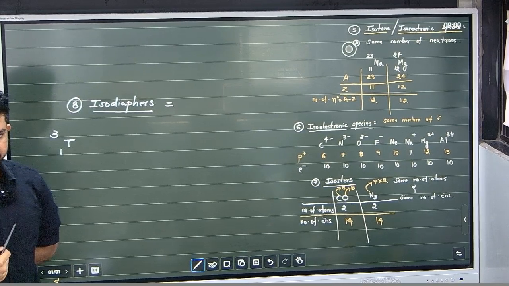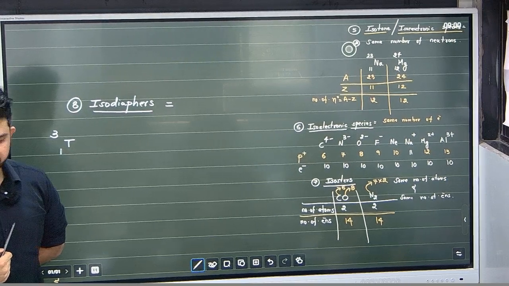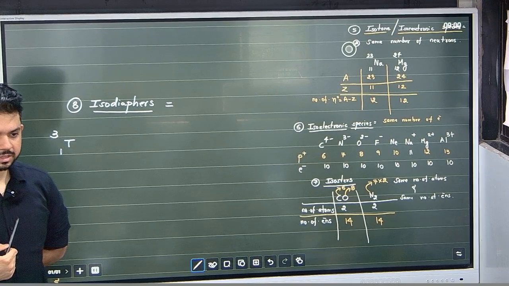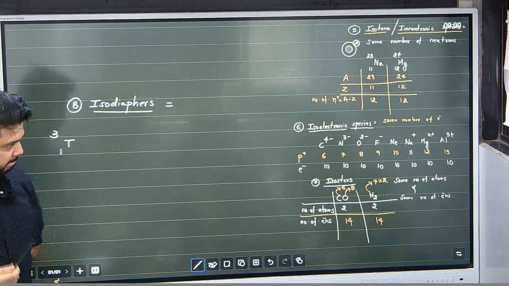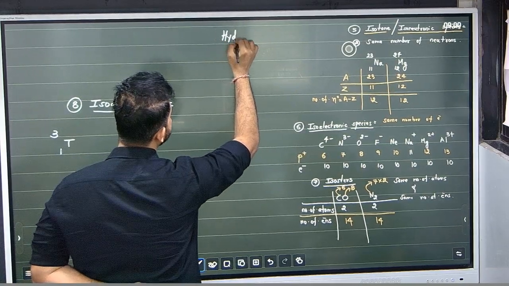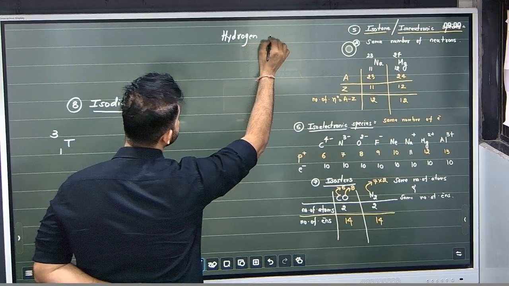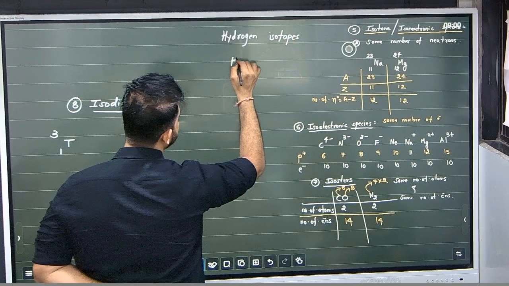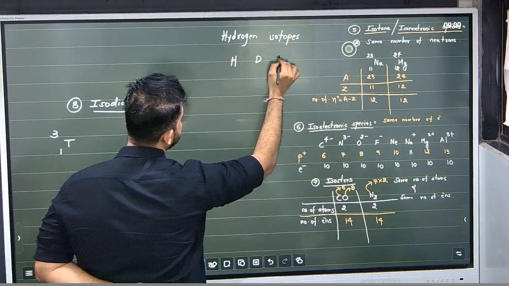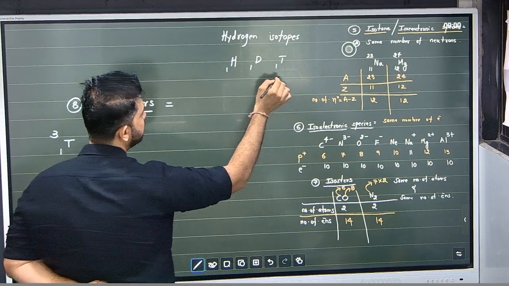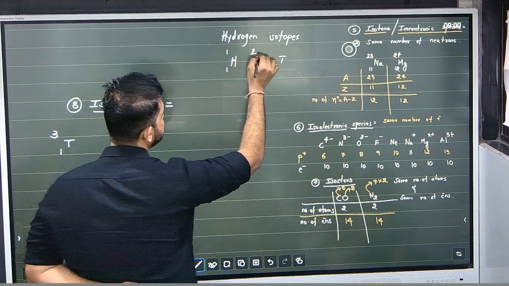Anyone can tell me what is this? Tritium. Anyone knows what tritium is? Isotope of hydrogen. Hydrogen isotopes, does anyone know, people? We have hydrogen, deuterium and tritium. All of them have the same atomic number, but different mass number.